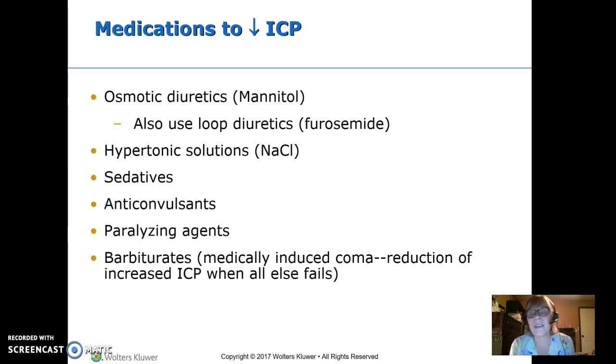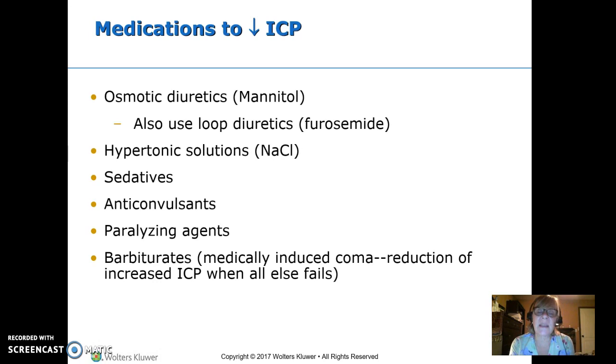We don't want kids who have had a head trauma to have a seizure because that will increase their intracranial pressure. So we're going to put them on those anticonvulsants as well. A kid who's had a head trauma and we're really worried about their ICP being high, we are likely to paralyze them. Again, we might hyperventilate them if we're trying to control their breathing on a ventilator. They're going to fight us unless we use a paralyzing agent.